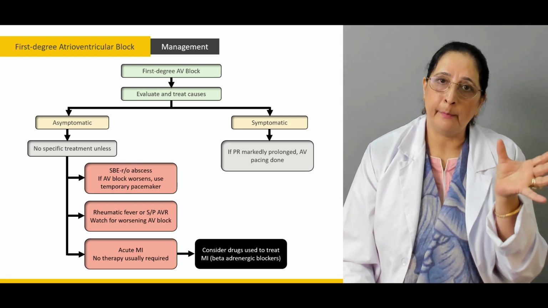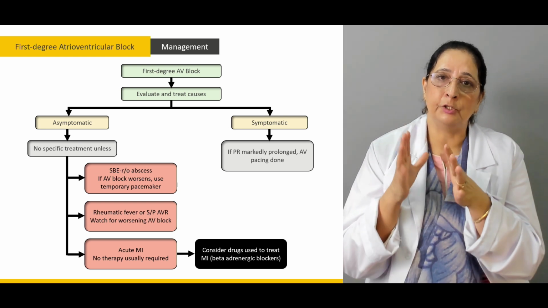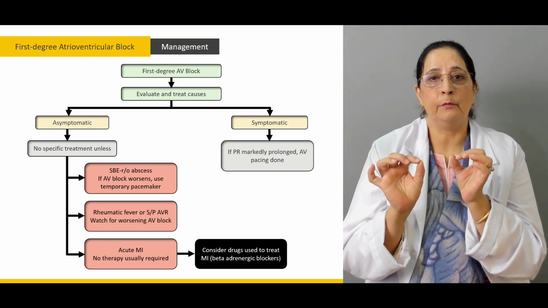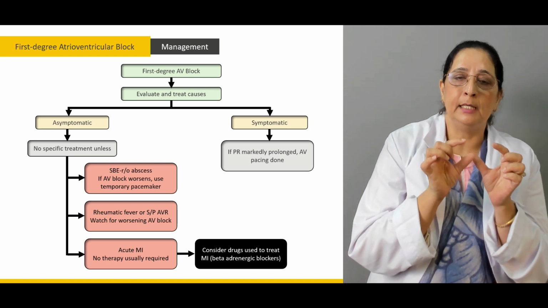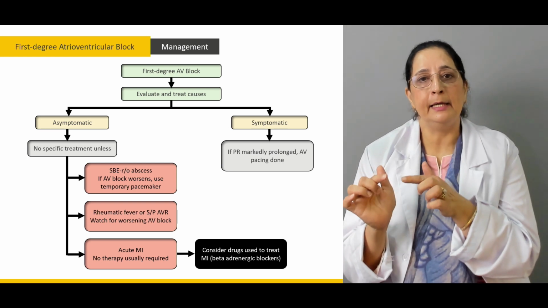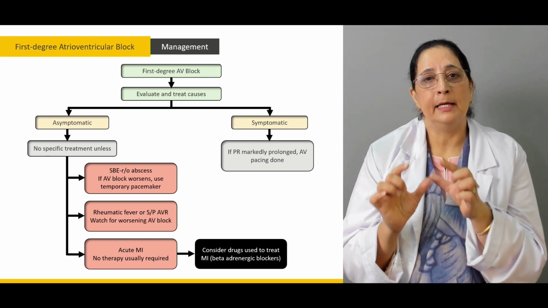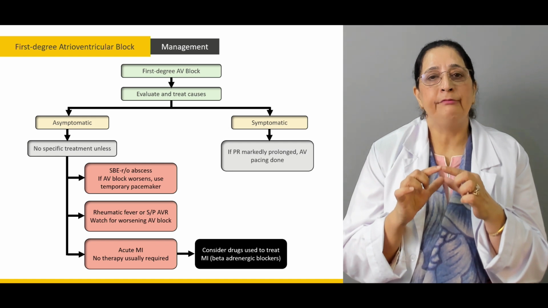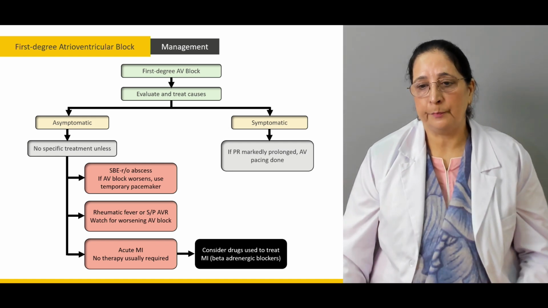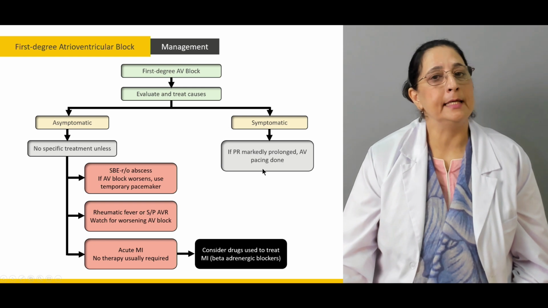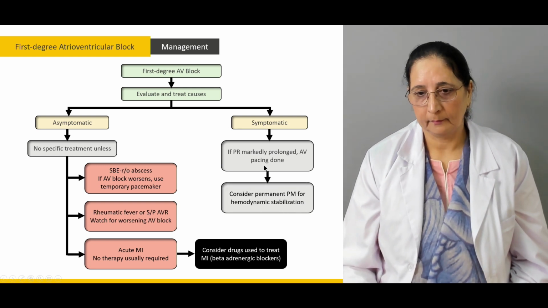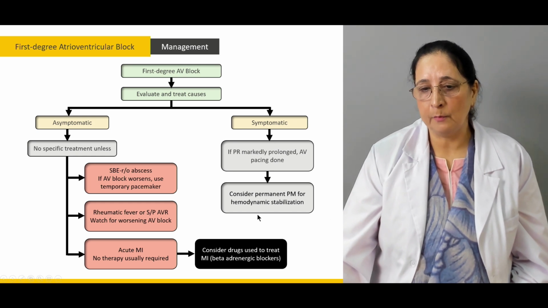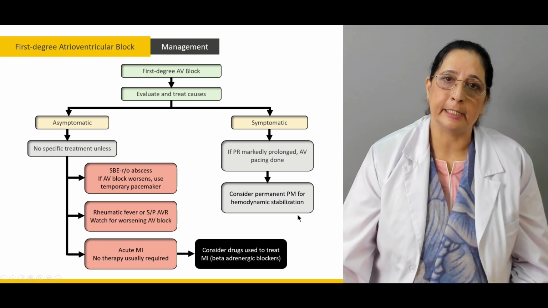If you remember my first slide about the normal cardiac cycle, the PR interval, the interval between the P wave and the beginning of the R wave, is caused by the AV node. So if that is prolonged, AV pacing is done. Consider a permanent pacemaker for hemodynamic stabilization.